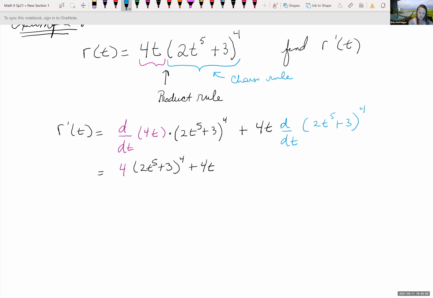Now for the derivative of this second piece, I need to use the chain rule here. So let's use the general power rule where we're bringing the power down front, the outer function of the inner, 2t to the 5th plus 3, subtract 1 from our exponent, so 4 minus 1 is 3, times the derivative of the inside, so times d/dt of 2t to the 5th plus 3.